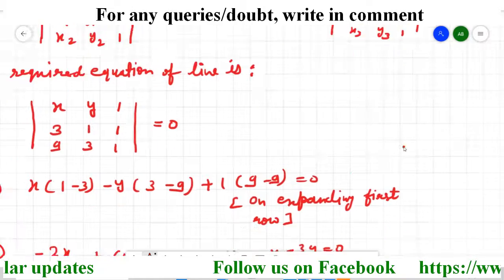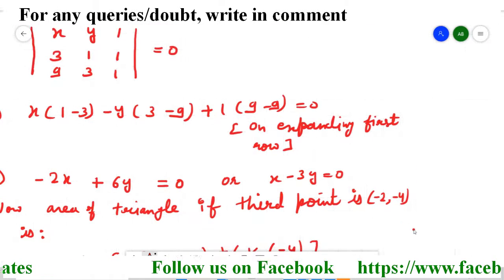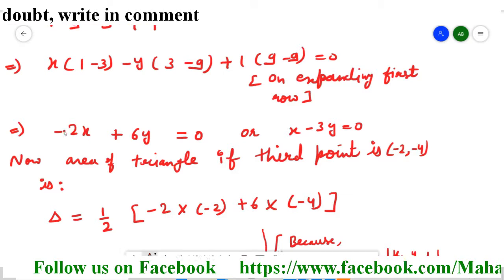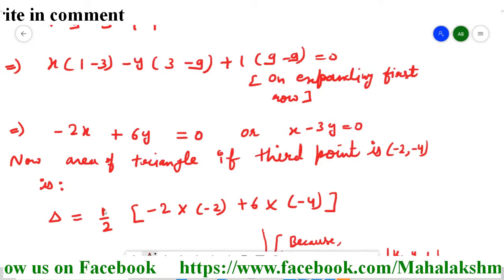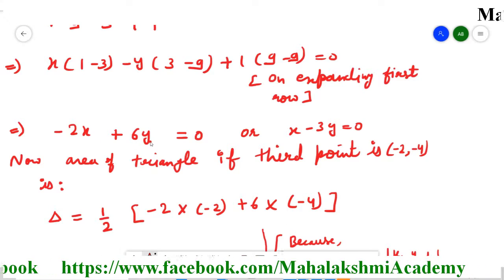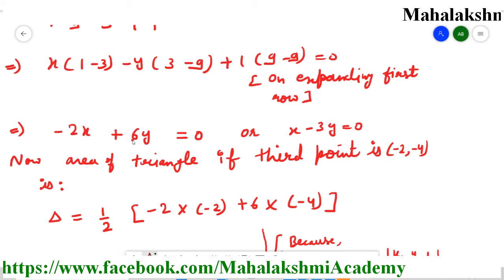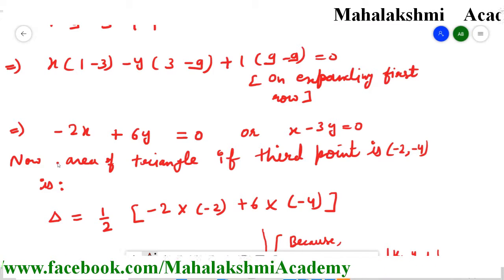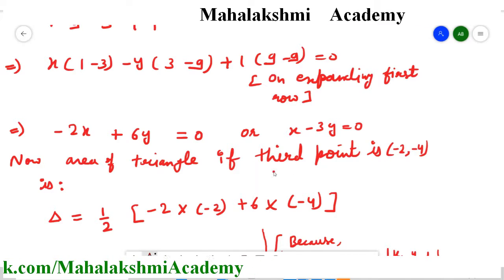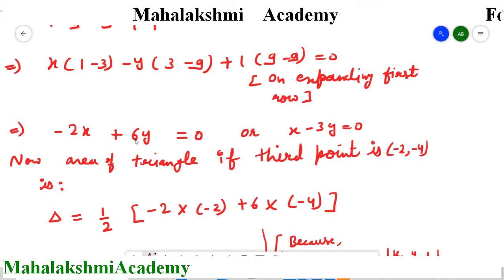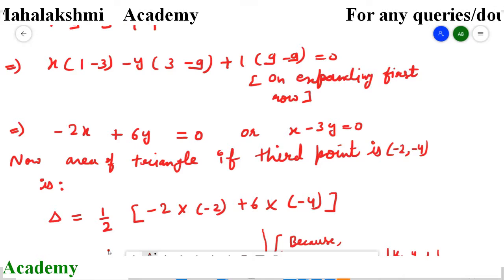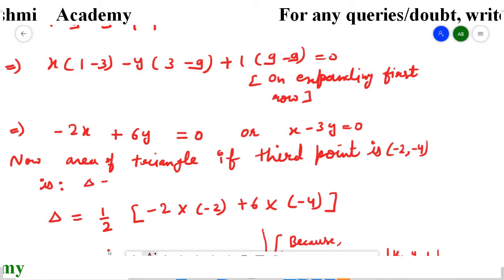So just see what we are going to do here. This is our equation which we obtained here. In this, what extra thing do we want? Half. We have to write an extra half, so half is right here. And instead of this x and y, as we discussed just now, we have to replace x and y by the third point. So just replace it. Now the area of the triangle, if the third point is -2 and -4, is: instead of this x and y, replace the values. I am also writing the formula here so that it is clear which equation I am using.